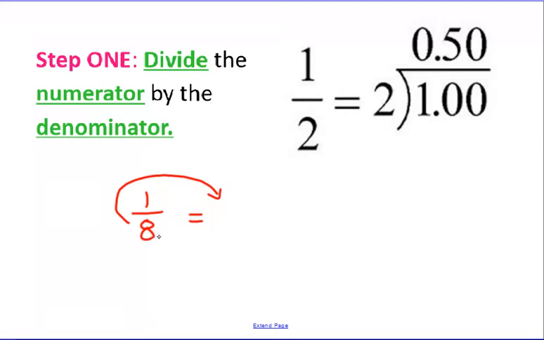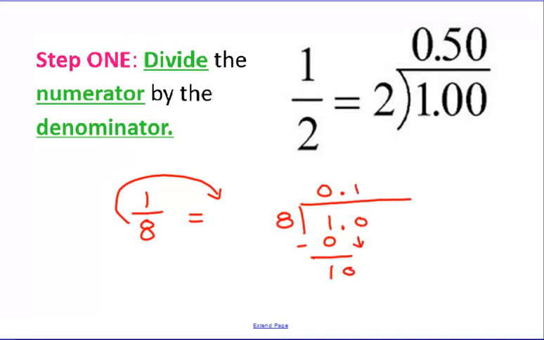So the denominator is going to go on the outside, and the numerator is going to go on the inside. So 8 goes into 1 0 times. I subtract 1 minus 0, which is 1. I'm going to add a decimal, bring it to the roof, add a 0, and bring it down.